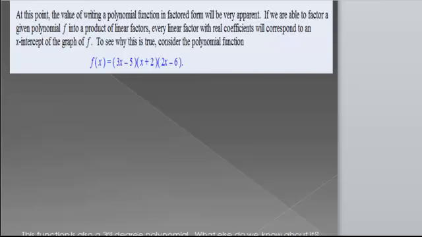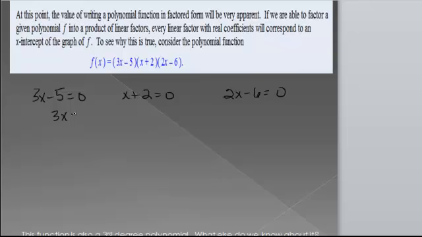What all of this means is if you were to set each one of these factors equal to 0, 3x minus 5 equals 0, x plus 2 equals 0, and 2x minus 6 equals 0, then what you will find will be the x-intercepts. These are the things that make the function equal to 0.